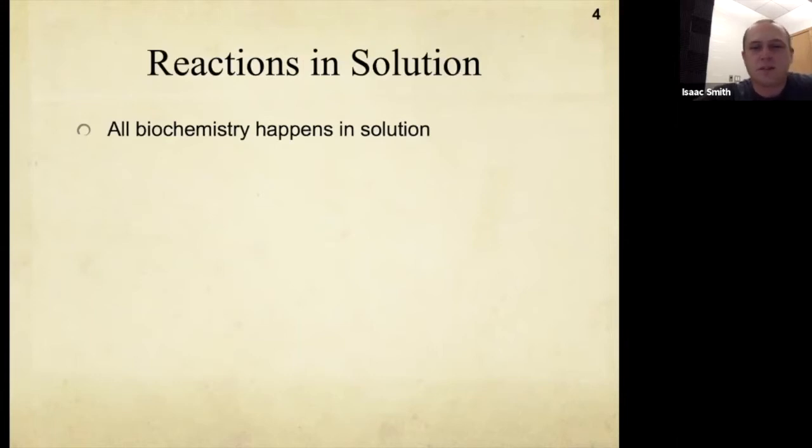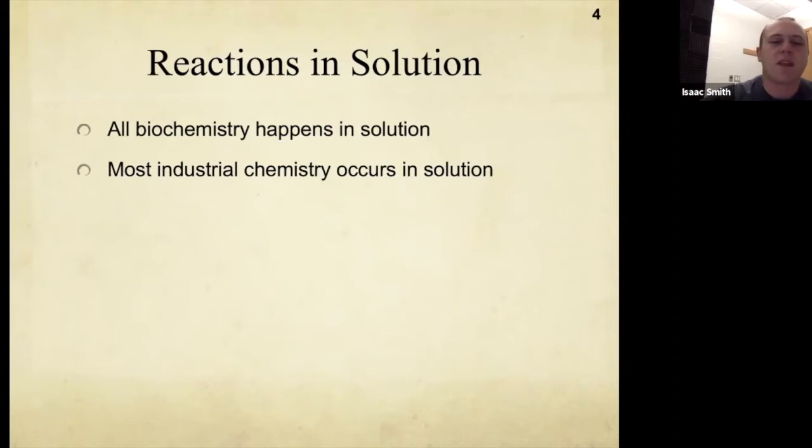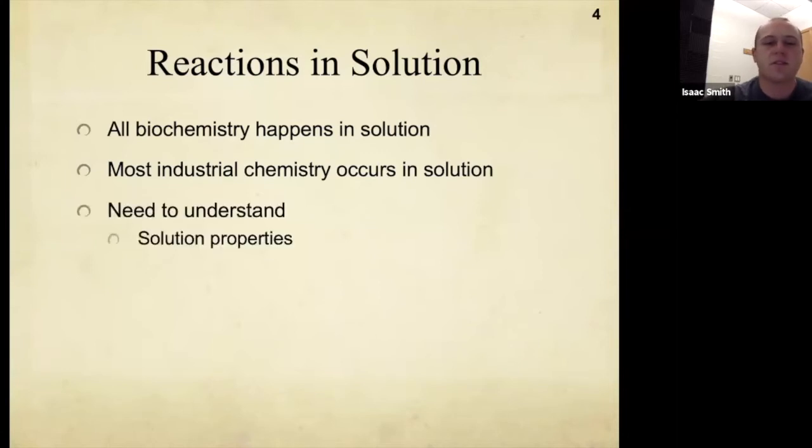Biochemistry, which is probably what most of you are going to be more interested in, and you're going to study more in Chem 285, all happens in solution. Industrial chemistry, so making chemicals in companies, also happens in solution.